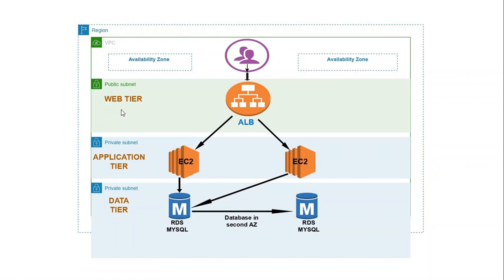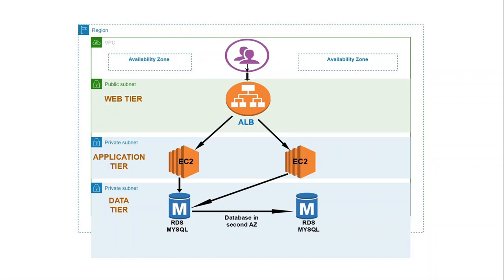In the public subnet, we'll be using a load balancer. The load balancer is what we'll have in the web tier, because it will help to balance traffic across our servers. In the private subnet, we'll be running two application servers.